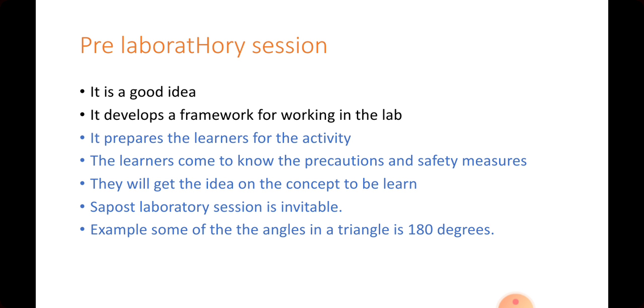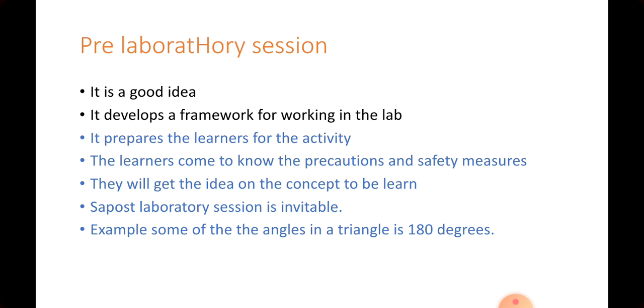All these things we have to train the students in before the laboratory session, and then only we ask the students to enter the lab. Automatically they can measure the angles using protractors or other things, and they can club them.